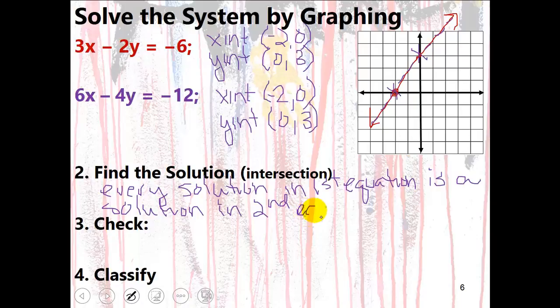We call this infinite. When we say infinite, it means that the same ordered pairs of equation 1 also solve equation 2. And we don't really need to check it because we can see that the lines just overlap. They both have the same x and y intercepts.